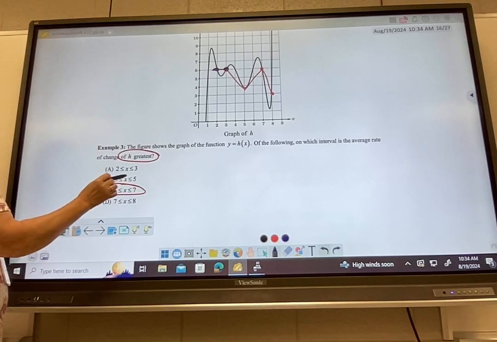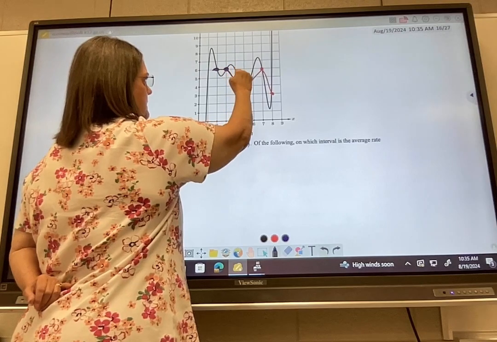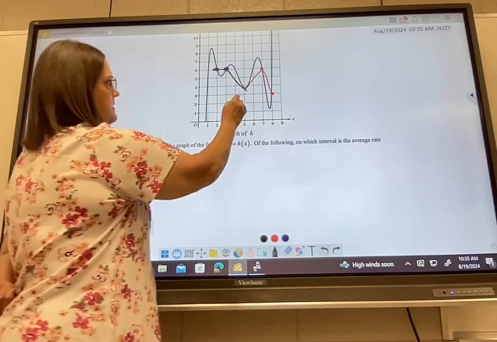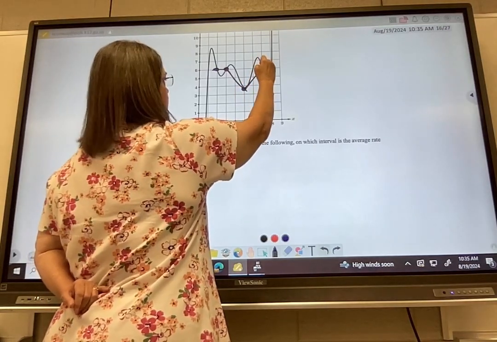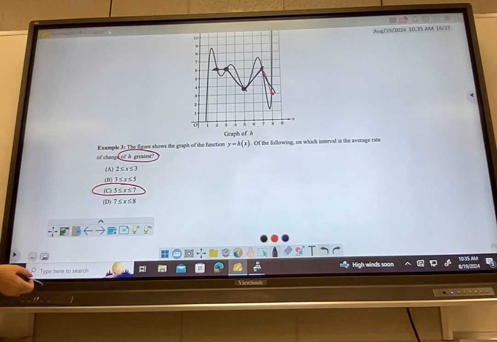Then 3 to 5, I drew that line. Here's 3, here's 5, and you see this line. Then 5 to 7, and then from 7 to 8. So which one's the greatest? Well, only one has a positive slope, so it's C.